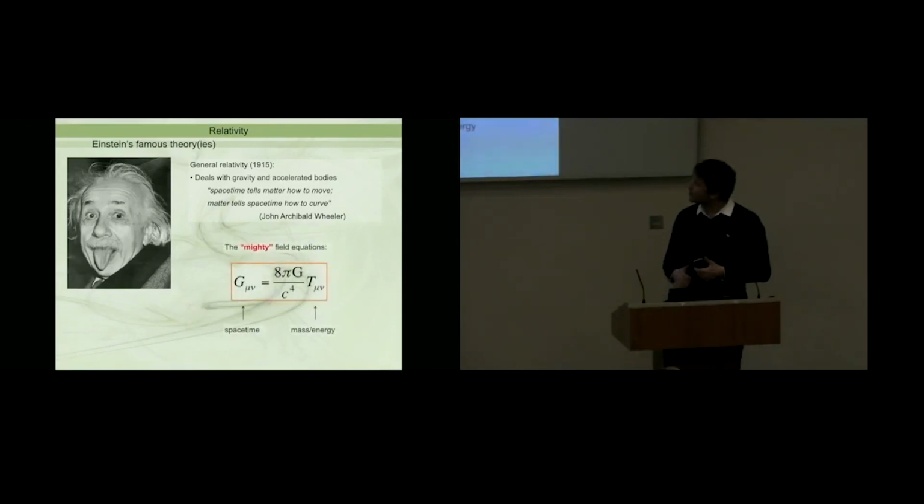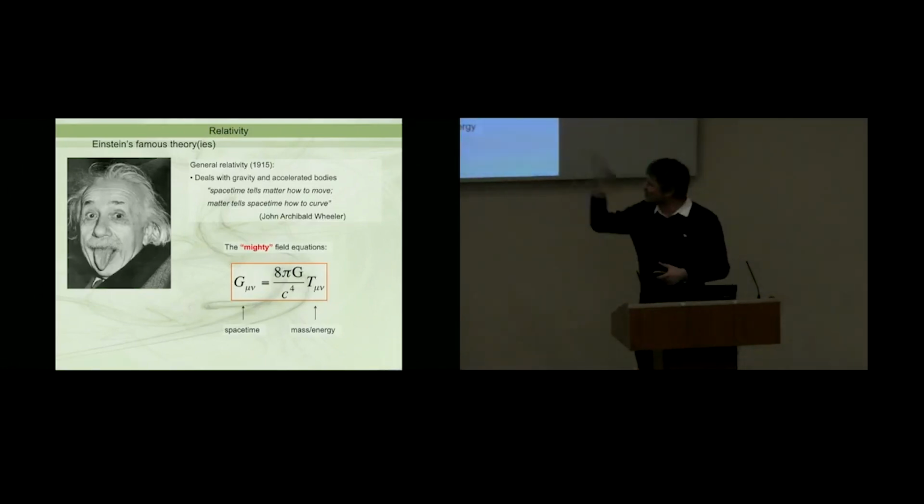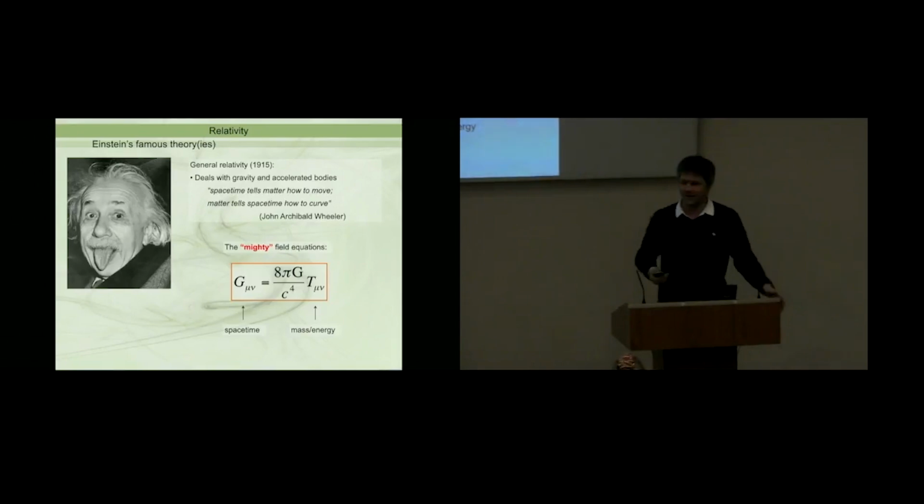But before we get there, this is Einstein's theory of general relativity. So if you're really cool, after this talk, you'll go and get a T-shirt made for the beach, but you'll put this equation on instead. That's the fully trained physicist version. And this equation, again, is a balance.